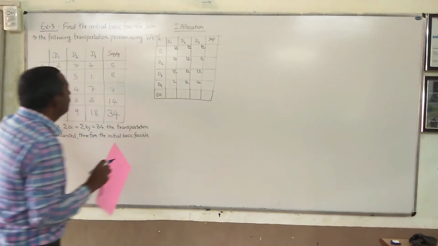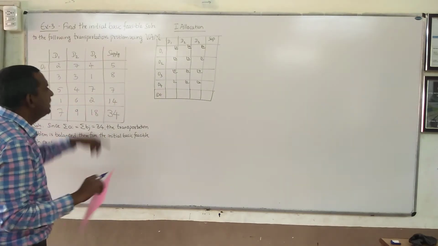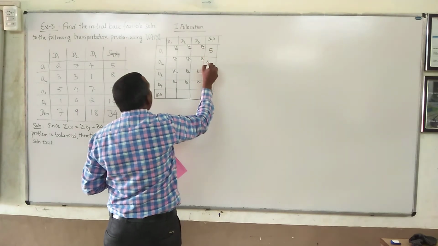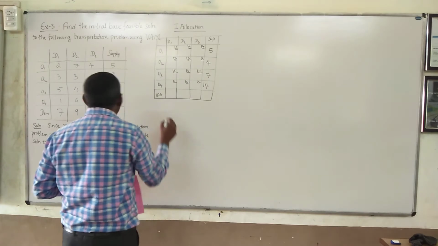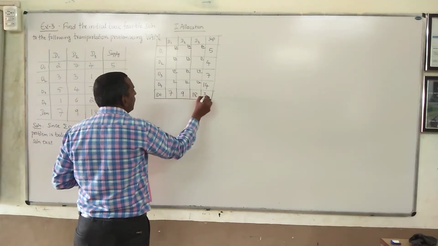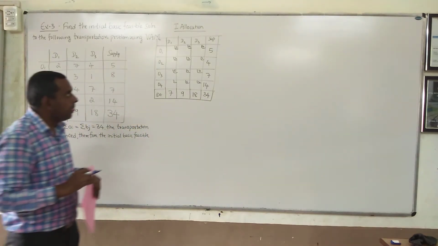So let me check. It is 274, 331, 547, 162. Yes, it is correct. So the supplies are 5, 4, 7, 14, whereas the demand is 7, 9, 18, total is 34. Fine. So now what are you supposed to do?